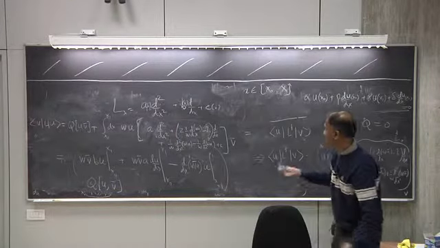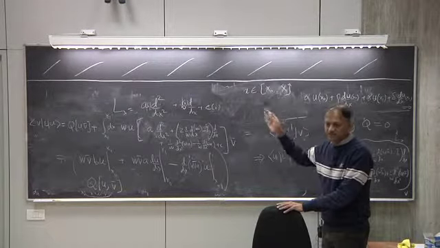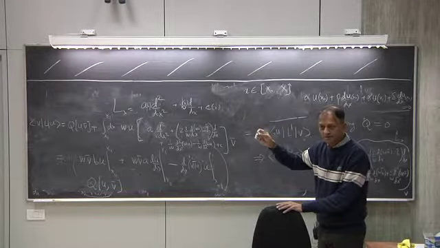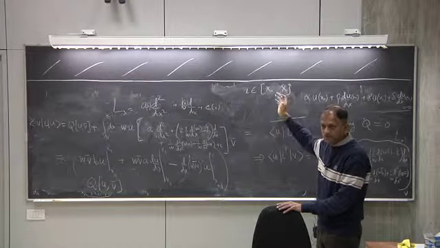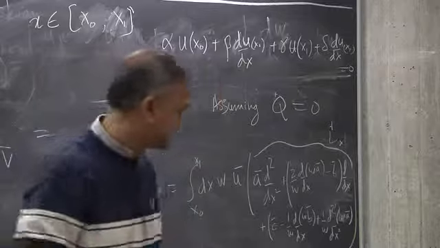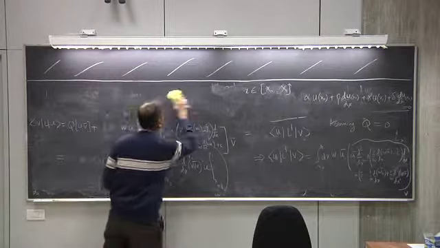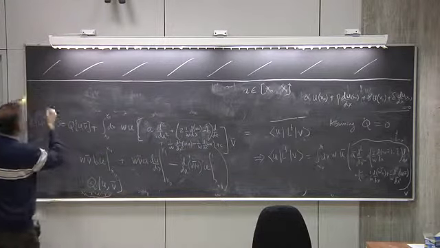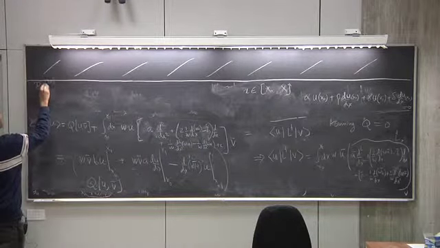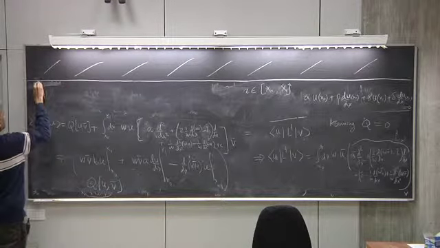Just to give an example, suppose my conditions were, let's say, Dirichlet boundary conditions for the initial space. I mean, just to show that this is possible. Or let's say even Neumann boundary conditions.